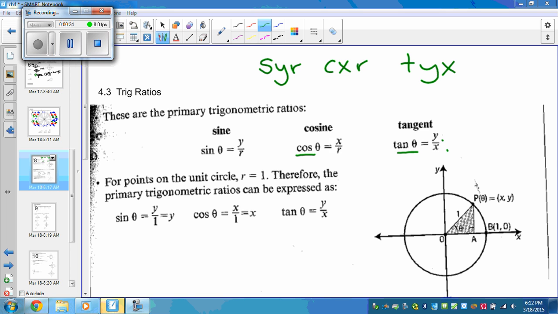Now, something that's interesting is that on the unit circle, the radius is always 1. So all of these values are 1 in the radius of a unit circle. Therefore, the primary trig ratios can be expressed as: the sine of any angle is simply the y value, the cos is simply the x value, and the tan is simply y over x.